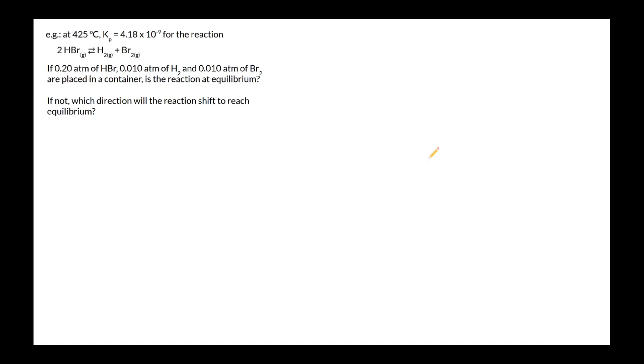To determine if this reaction is at equilibrium or not, we're going to have to compare Q with K. So let's first of all evaluate what Q would be. Let's use Qp because we have pressures here. That's going to be pressure of hydrogen times pressure of bromine divided by the pressure of HBr squared.